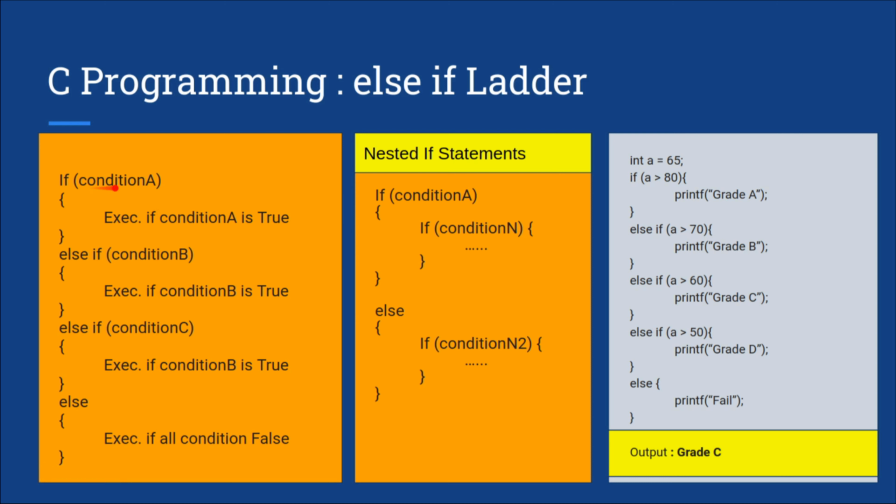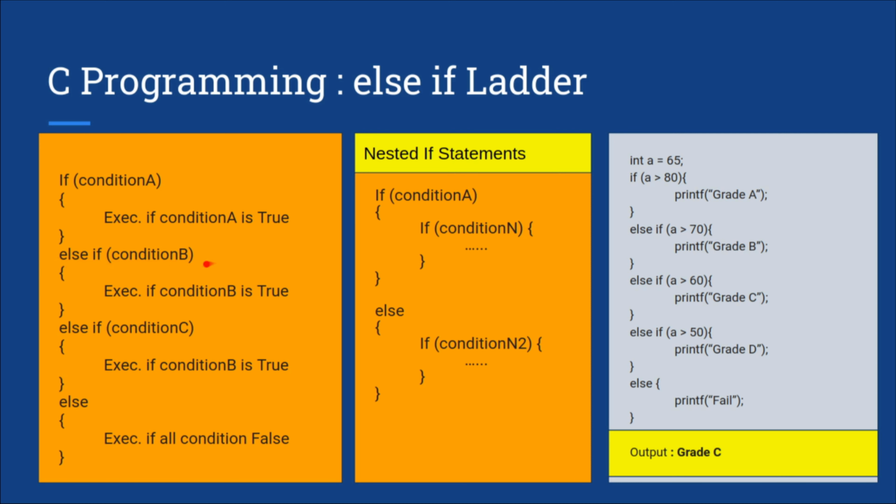First of all, the compiler will check if condition A is true. If condition A is true, it will execute this block and the control will go out of this else if ladder. It will not check any other condition. Only if condition A is false will it go to condition B. It will check if condition B is true.